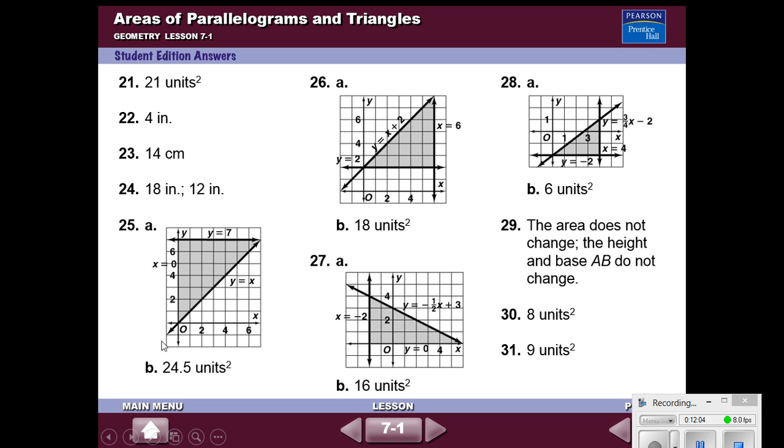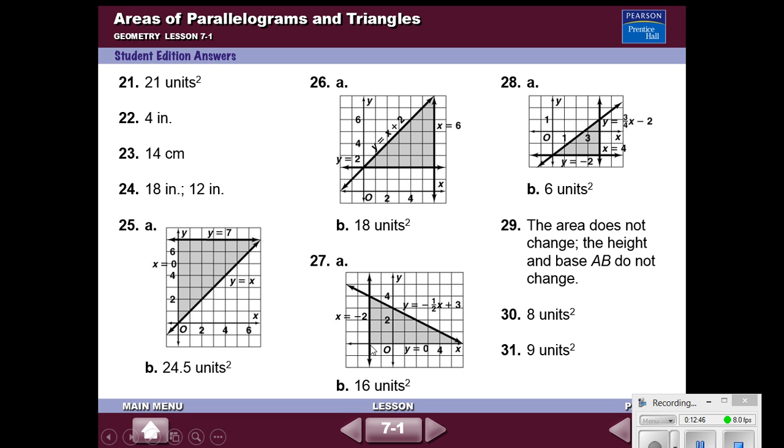For instance, here we're asked to define the area bounded by the triangle defined by the line y equals x, the line y equals 7, and the y-axis. So there's our area. Here's another one, the area bounded by the triangle with one side being the line y equals negative 1/2 x plus 3, and then the vertical line x equals negative 2, as shown here, and y equals 0, which is the x-axis.